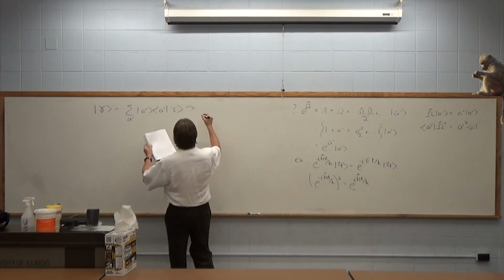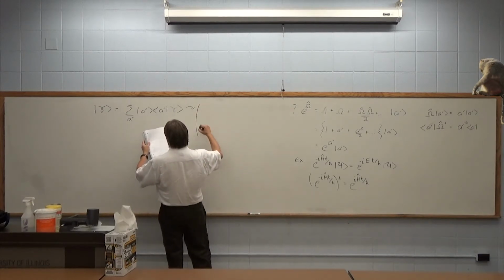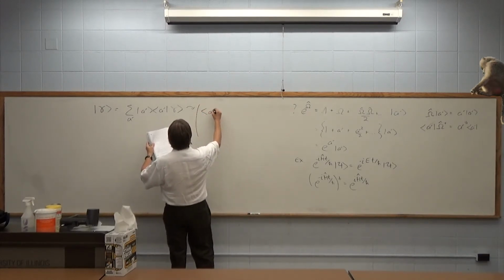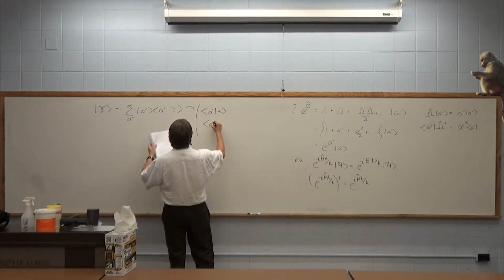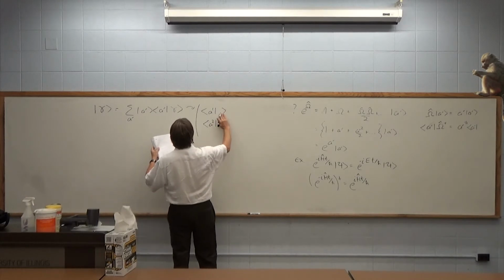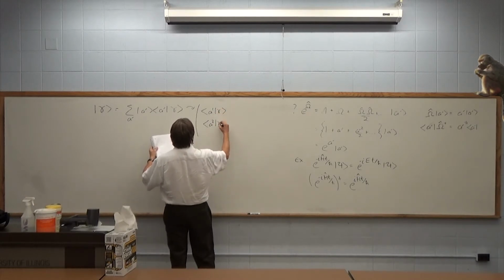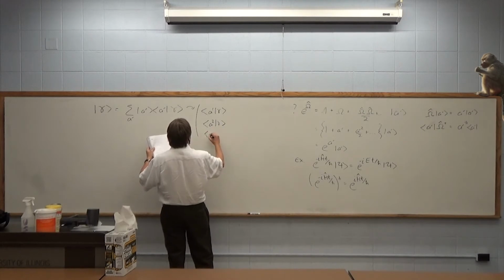Now what it means, in a matrix representation, is this. You know what, let me not use dashes, let me use numbers. Now let me explain a little bit what's happening here.